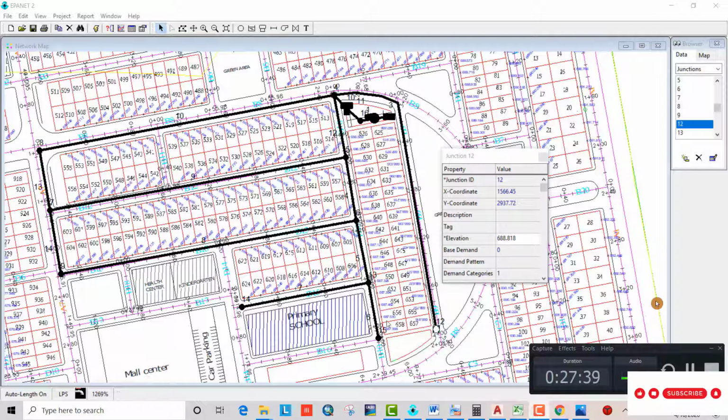We can provide the demand for the last node.